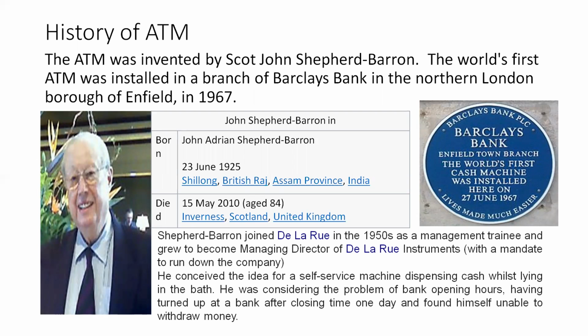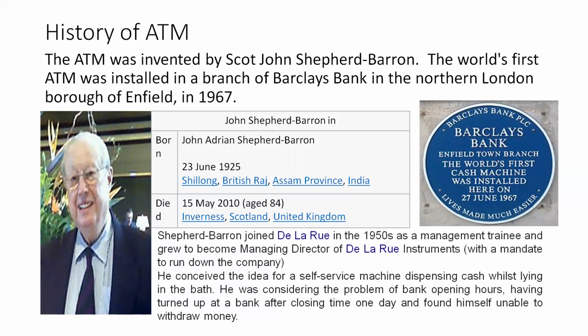The ATM was invented by John Shepherd-Barron. The world's first ATM was installed. So he, Shepherd-Barron, was the first person to invent the ATM machine. He is basically a mechanical engineer who invented this machine, which works like a robot in banking transactions.